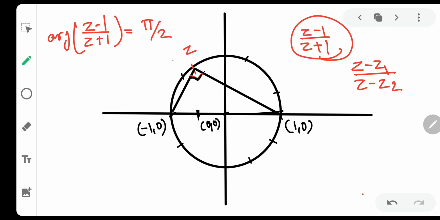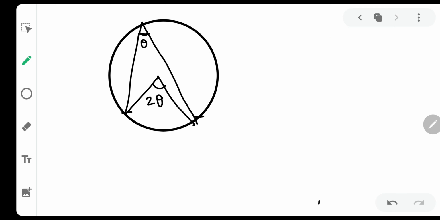So omega should lie between −1 and 1. Omega should always lie between these so as to satisfy this property. Or there is one more thing which you can say: the argument of (omega − 1)/(omega + 1) is equal to pi.